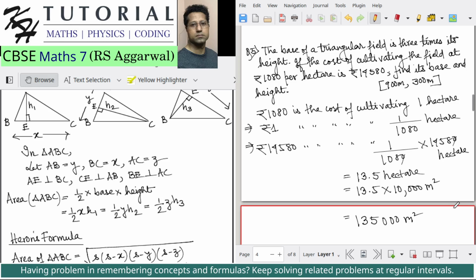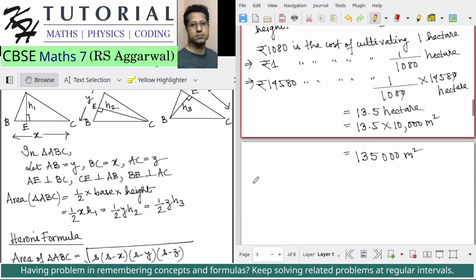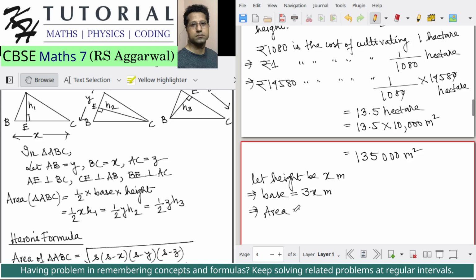We are asked to find the base and height of the triangular field, where it is given the base is 3 times its height. So let height be x meter. This implies that base will be equal to 3x meter. So this implies area will be equal to half into 3x into x, which is equal to 3x square by 2 meter square.